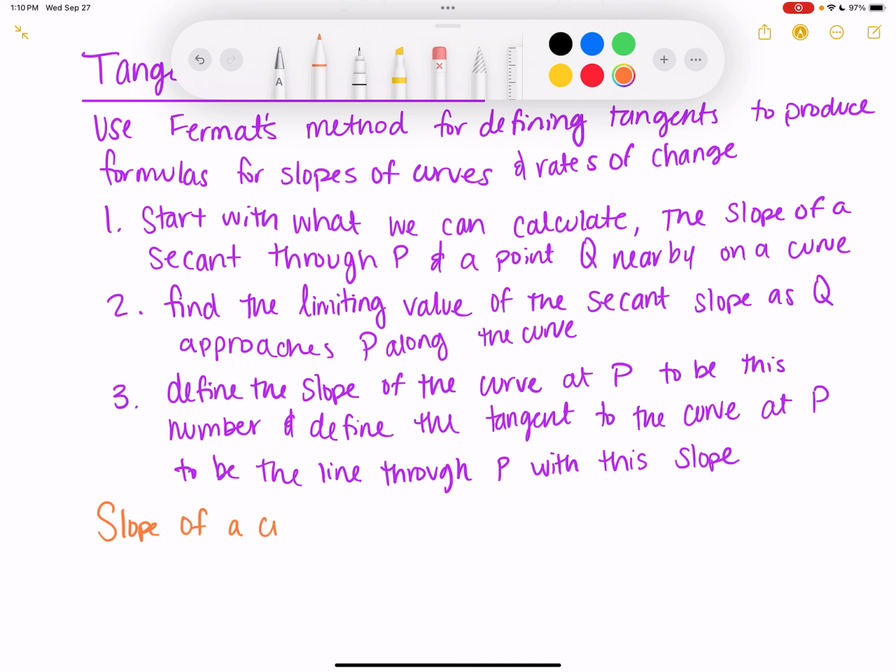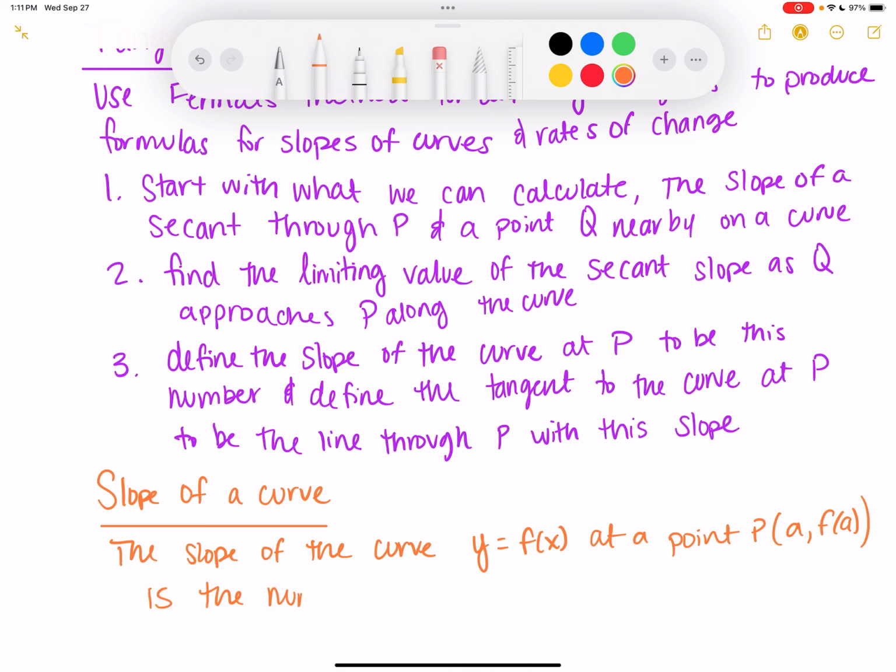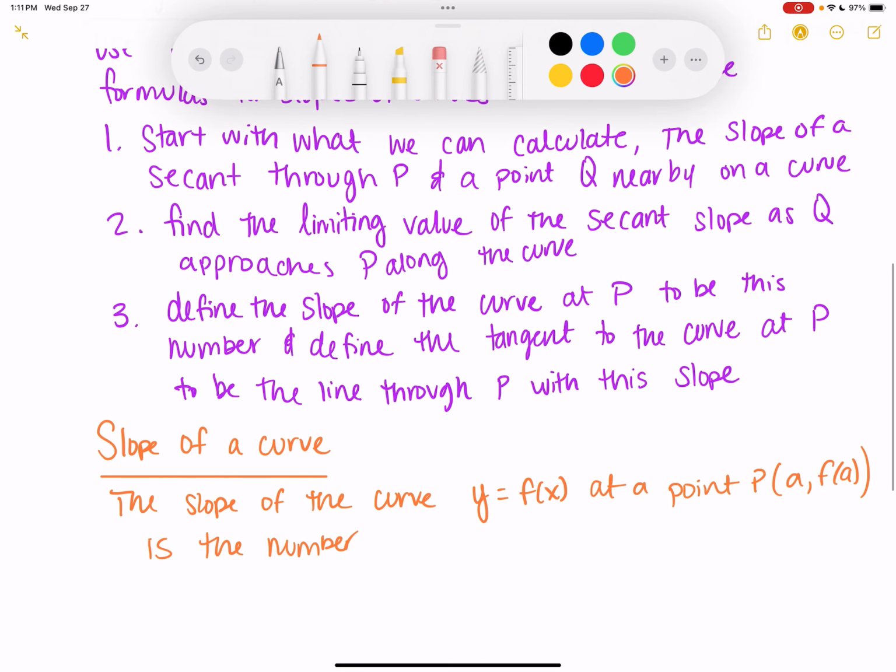Next we have the slope of a curve. So the slope of the curve y equals f of x at a point P, which is a and f of a, is the number m equal to the limit as h approaches 0 of f of a plus h minus f of a all over h.